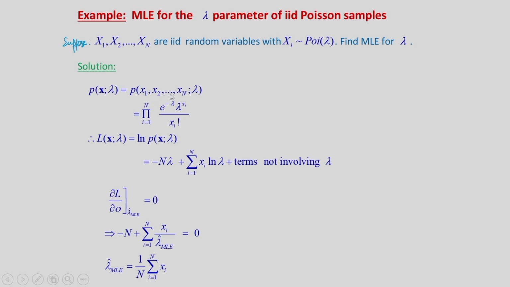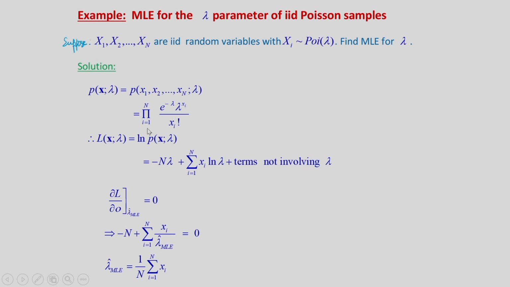So, that way we have n distributions. Because of independent and identically distributed, we will get this as the product, i going from 1 to n, of e to the power minus lambda, lambda to the power xi divided by factorial xi. So, this is the likelihood of x as a function of lambda.